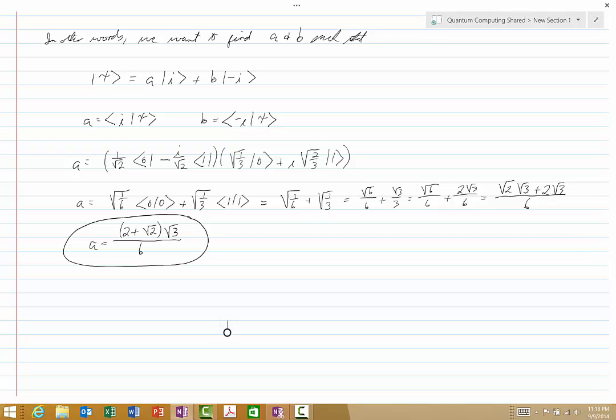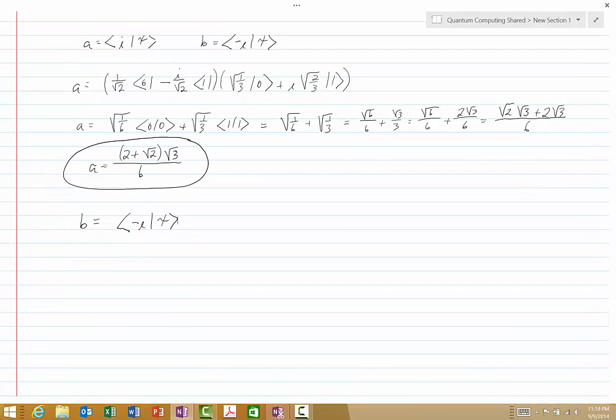And finding B would go in a very similar fashion. B is equal to the dual of minus i pre-multiplied by C. And so that is equal to 1 over square root of 2 times the 0 bra plus i over square root of 2 times the 1 bra.